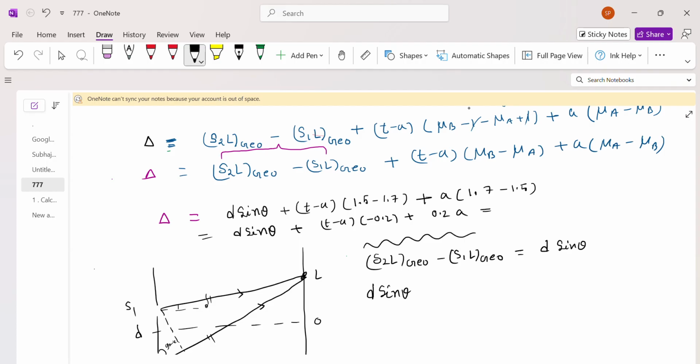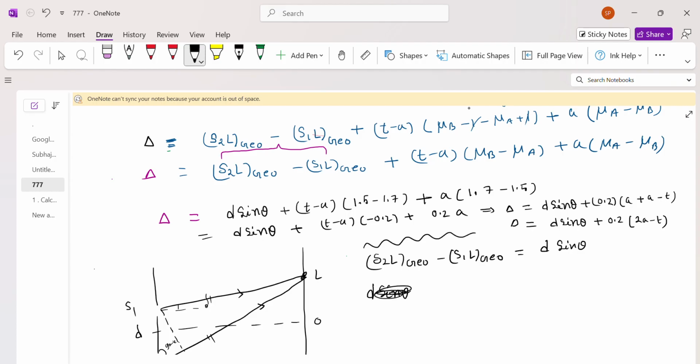So if you take this common, delta is equal to d sine theta plus 0.2 times (a plus a minus t), something like this will come. So delta is equal to d sine theta plus 0.2 times (2a minus t). So 2a minus t.